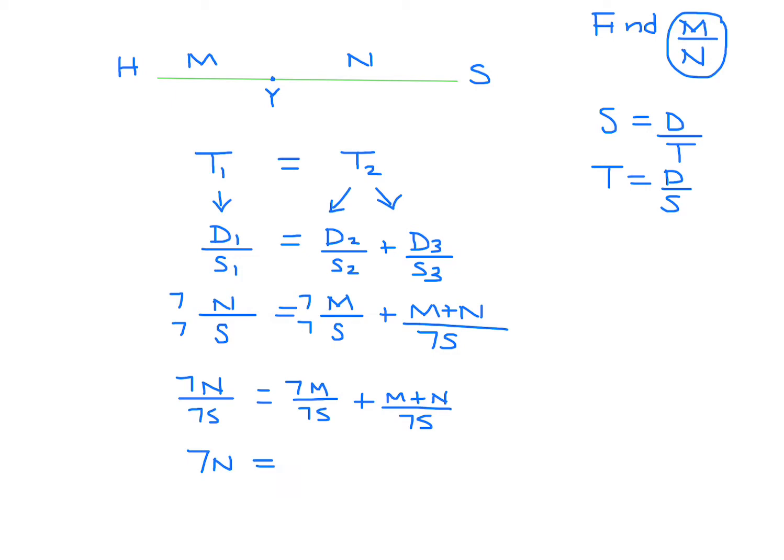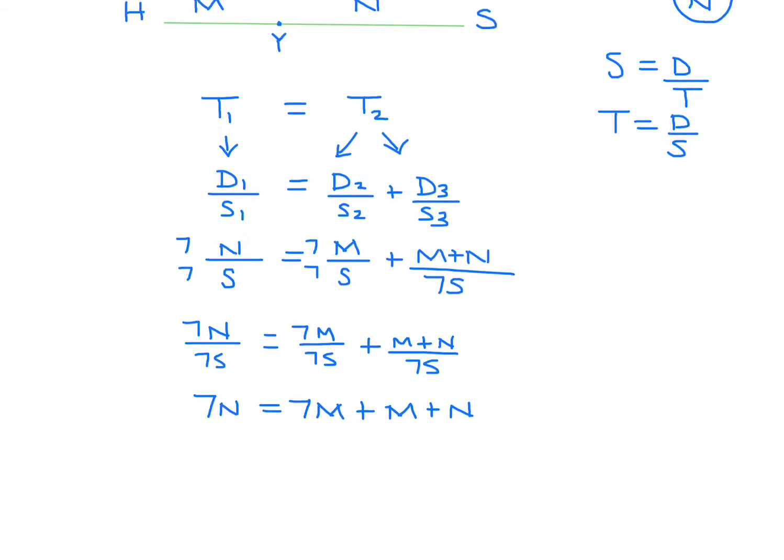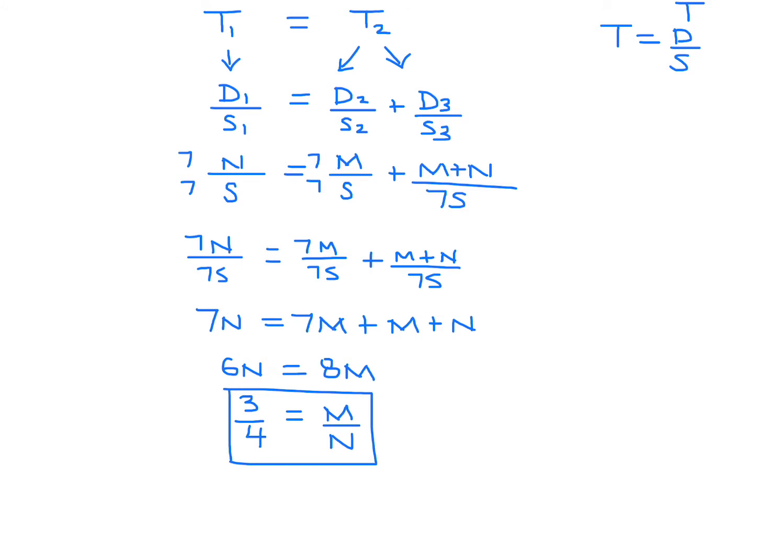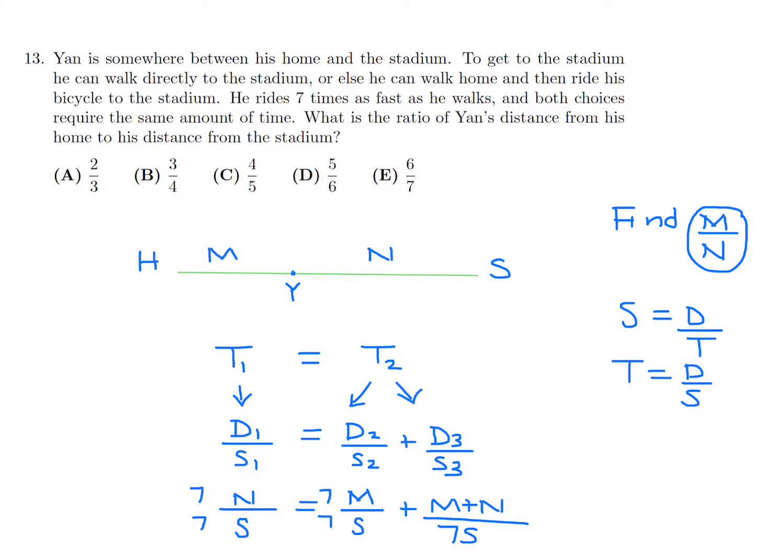So 7N is equal to 7M plus M plus N. This gives me 6N is equal to 8M, and therefore M over N is 6 over 8, which is 3 over 4. That is what they wanted us to figure out. So the answer to number 13 is B.